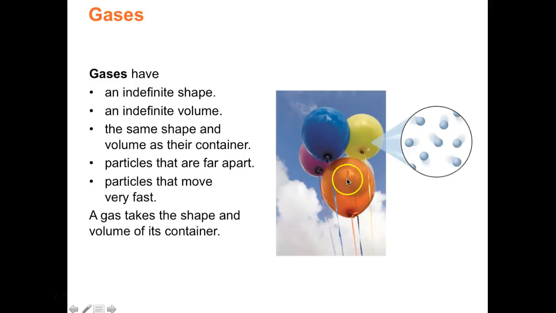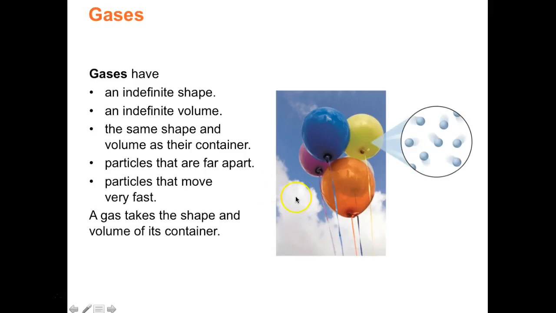So most times when we talk about gas volumes, we are talking about the volume of the container rather than the aggregate gas particles themselves. Okay, so they take the shape of whatever container they are in, and they have indefinite volume. All right, so this same amount of gas, I can take it and put it into a large cylinder, and it would occupy that entire space of the cylinder.